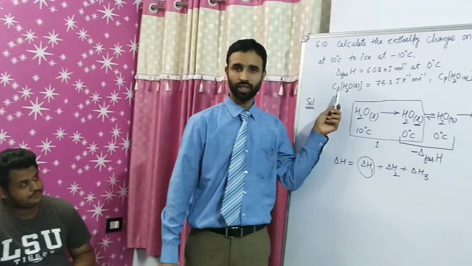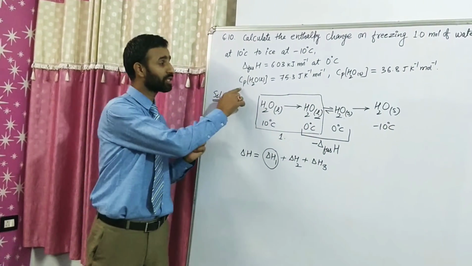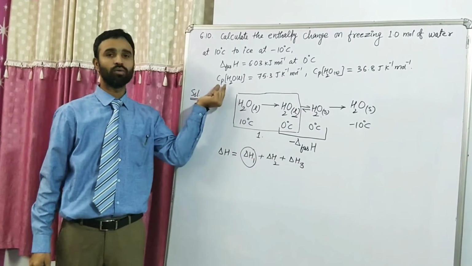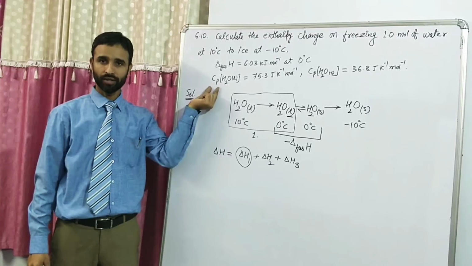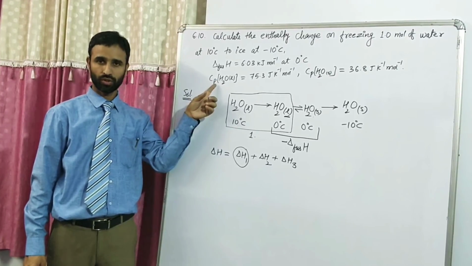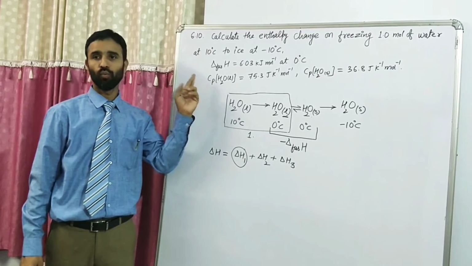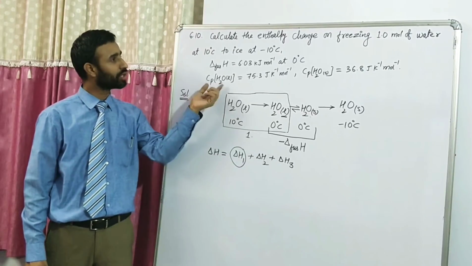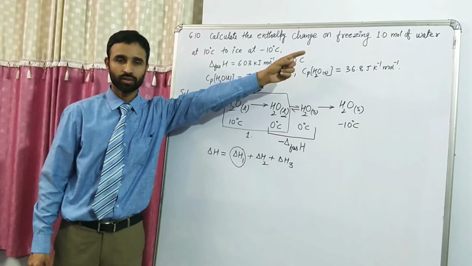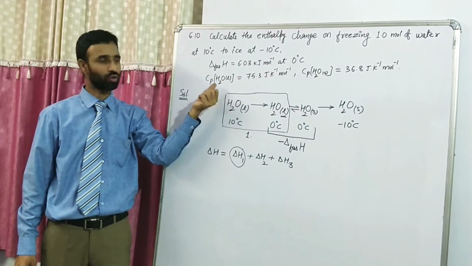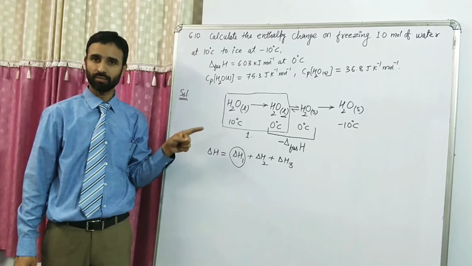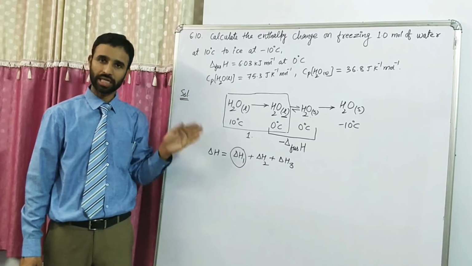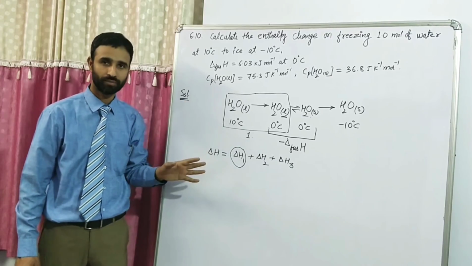Heat capacity at constant pressure is defined as the amount of heat required to increase the temperature of a given substance by 1 degree Celsius. For 1 mole of a substance, it is the amount of heat required to raise the temperature by 1 degree Celsius or 1 Kelvin.